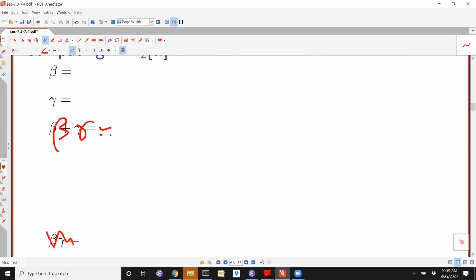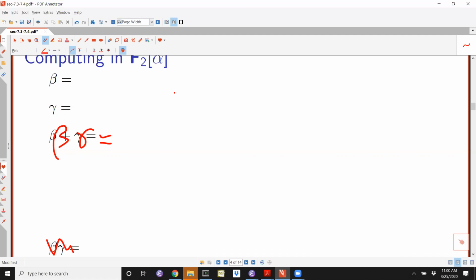Okay, so can somebody quickly pick some subset of 3, 2, 1, 0? Somebody type it in the chat window. I'll do alpha cubed plus alpha plus 1, since some folks picked 0, 1, and somebody else picked 3.